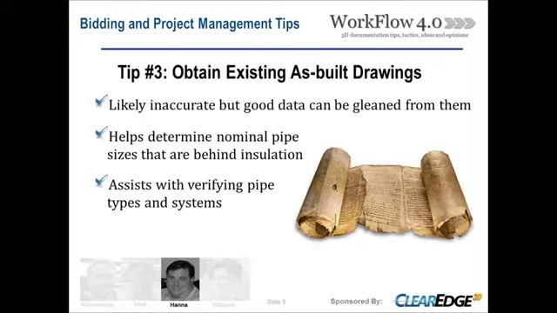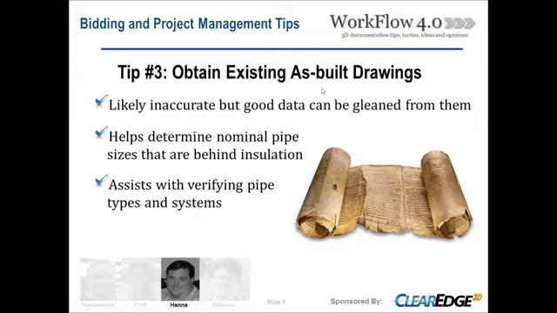Another one we always like to ask for would be getting our hands on some existing as-built drawings if they exist. We, of course, are relying on the scan data to determine as-is conditions, but there's still a lot of good information in there. For instance, oftentimes when we're scanning for MEP, we don't know the size of the pipe because it's hidden behind insulation.